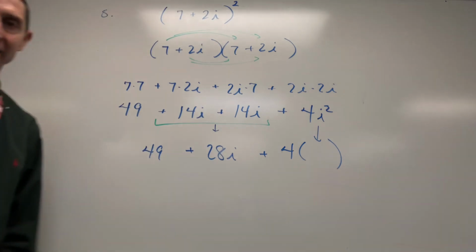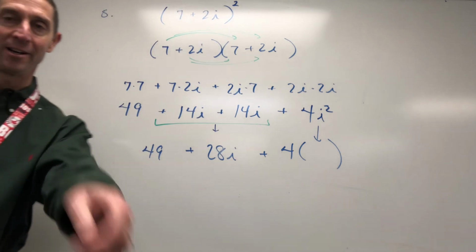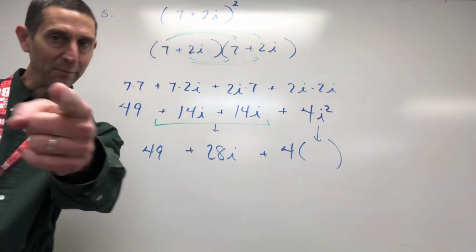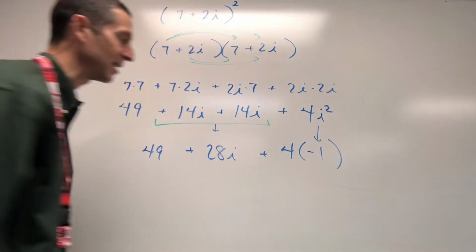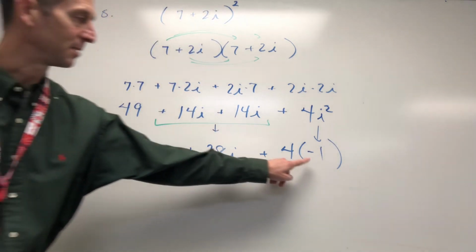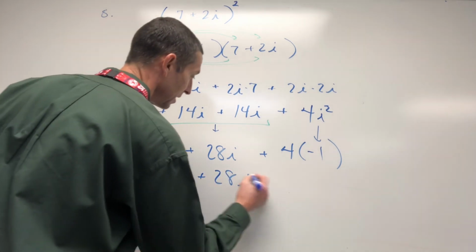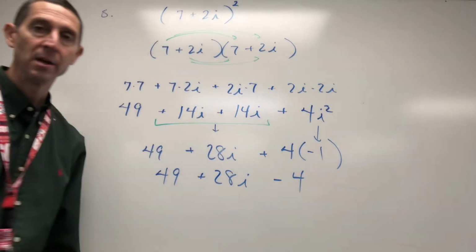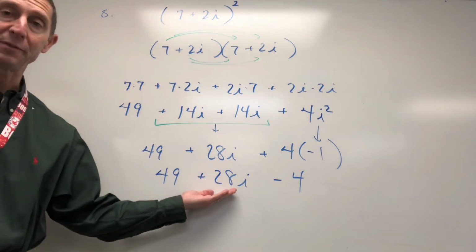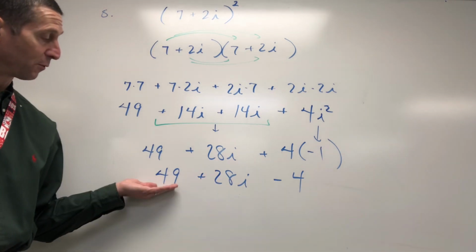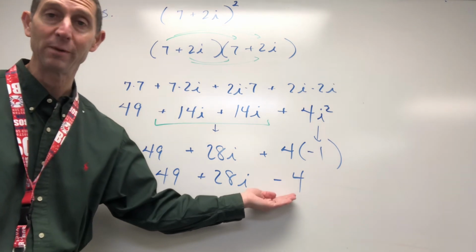And while we're at it, let's just take care of that I squared. I squared, negative 1. Boom shakalaka. So now you have a positive 4 times a negative 1, which means you have 49 plus 28i minus 4. Now we're close. He's an I value. He's good. I have a 49 regular number subtracting 4 regular number.